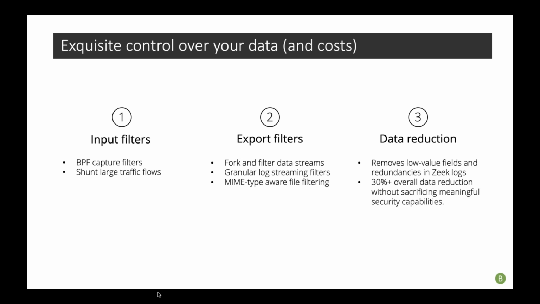So if you want to have your most rich security data into Splunk and you want to have a 100% copy of everything going into an S3 bucket, you can obviously do that. And a lot of filtering capability on individual log types as well as individual log items into each of those individual export targets.